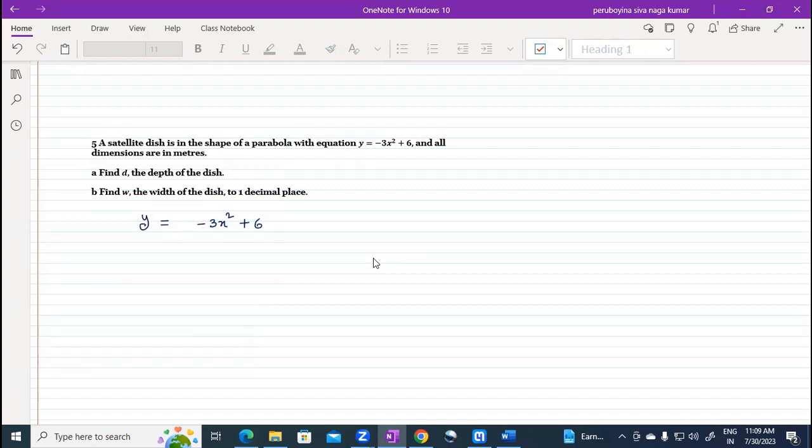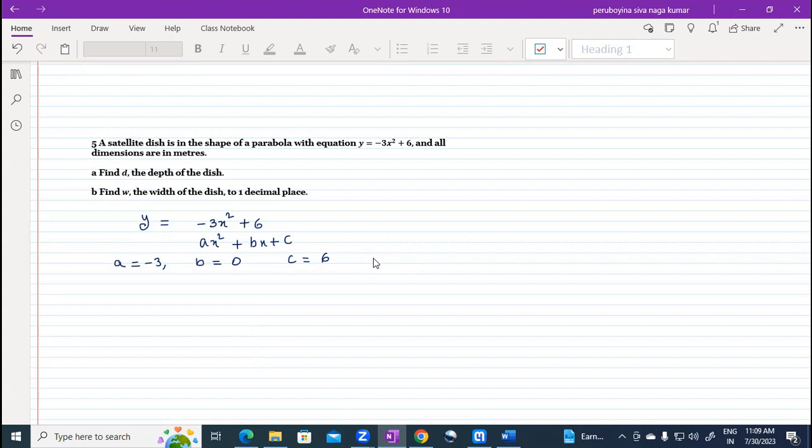You can write this by comparing with ax square plus bx plus c. What will you get for the values? A equal to minus 3, and can you tell me what are b and c? B is 0, c is 6. Yes, correct. Now we have all the values.